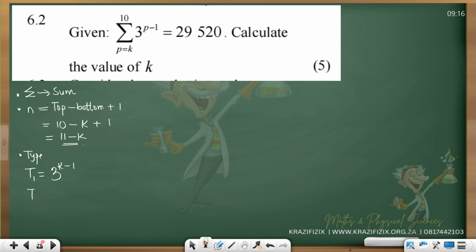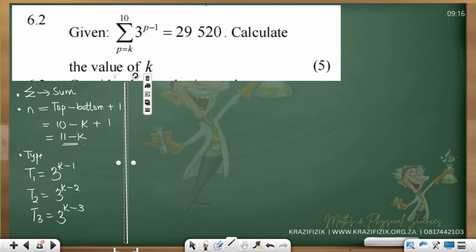What is our T2? What is our T3? I like to do this to also show algebra steps. Sorry, what am I doing? I'm messing up. Sorry, there's an error here.